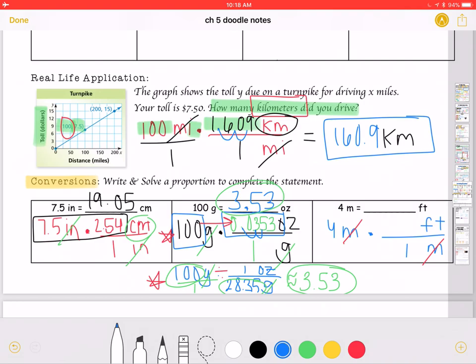Maybe you want to wait and I can tell you in a second. But our feet to meter ratio is that for every 1 meter, it is about 3.28 feet.